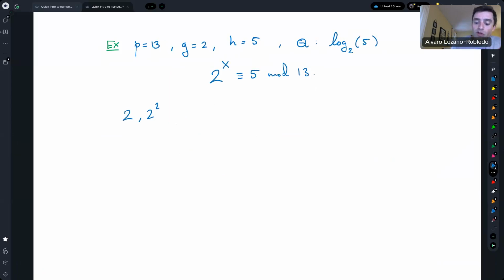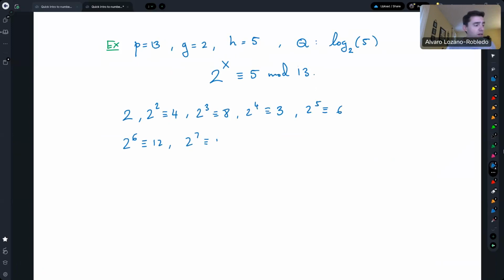So I can start with powers of 2. 2 squared is 4. 2 to the cube is 8. 2 to the 4 is 16, and 16 is 3 modulo 13. 2 to the 5 is 3 times 2, 6. 2 to the 6 will be 6 times 2, 12. 2 to the 7 will be 12 times 2, 24.